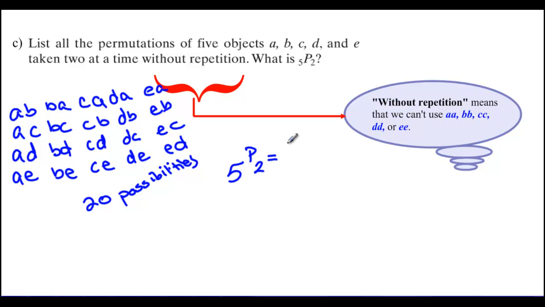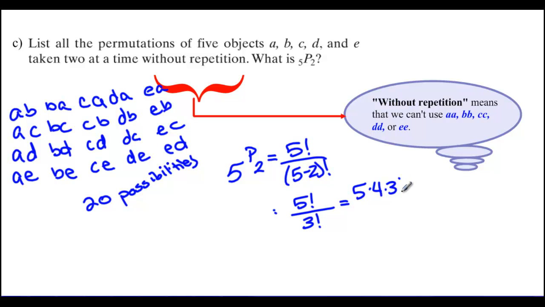And again, that's going to be 5 factorial over 5 minus 2 factorial, which is going to be 5 factorial over 3 factorial, and I can rewrite that as 5 times 4 times 3 factorial over 3 factorial, and then these will cancel out, and this will give us 20.